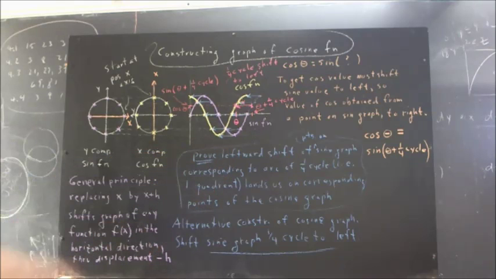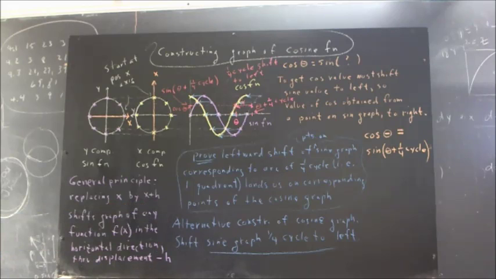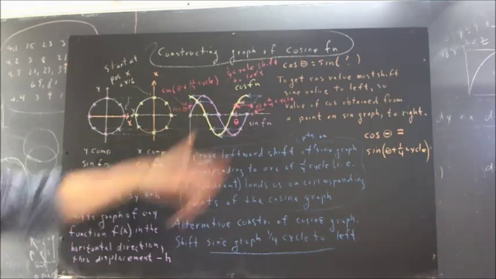Now, this does illustrate a general principle that's somewhat counterintuitive, difficult for people to understand. The general principle is that if we replace x by x plus h, that shifts the graph of whatever our function f of x might be, h units to the left. Okay, you can see it right here.